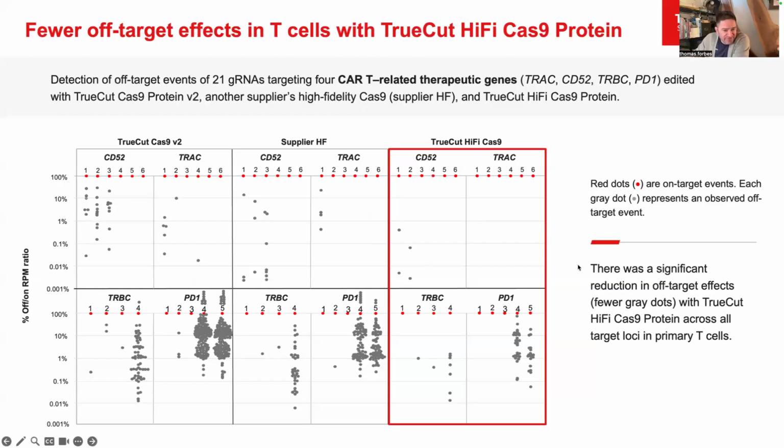You can appreciate in the graph here that compared to the 2 other enzymes, there was a significant reduction in off-target events with the TrueCut Hi-Fi Cas9 across all the target loci in these primary T cells, where the ratio of observed off-target events, those gray dots, was relatively lower than other nucleases, again indicating that these off-target events had a lower probability of occurrence.